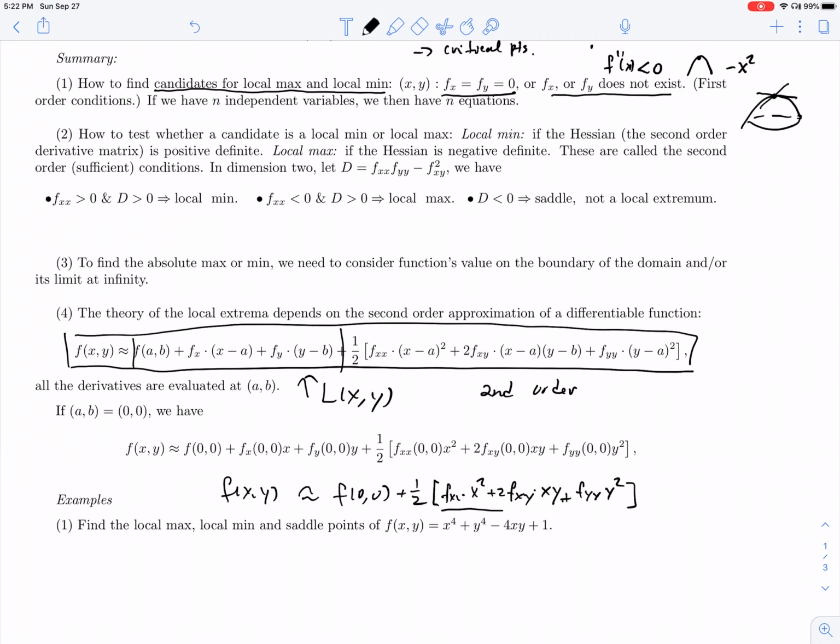So it depends on this second order term whether it's positive or negative. If it's positive, then we have local minimum. If it's negative, then we have local maximum. Okay, so that's how we got these second order conditions.